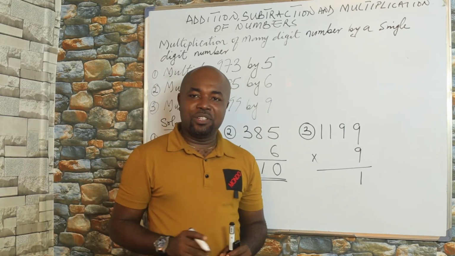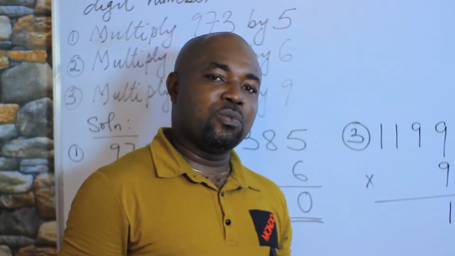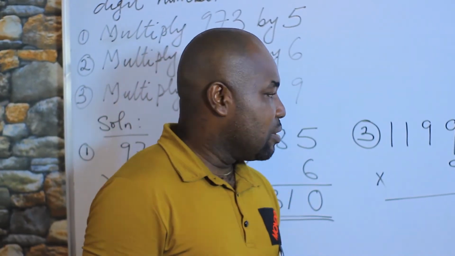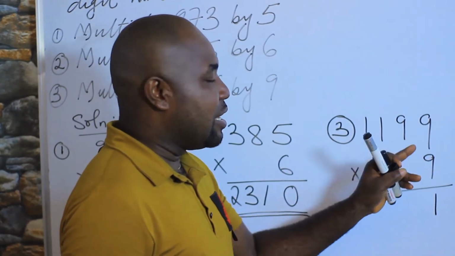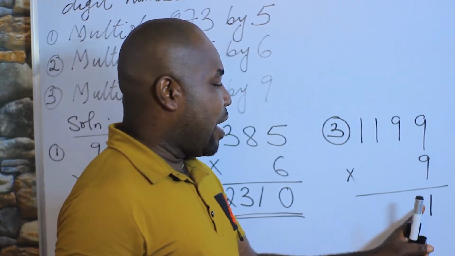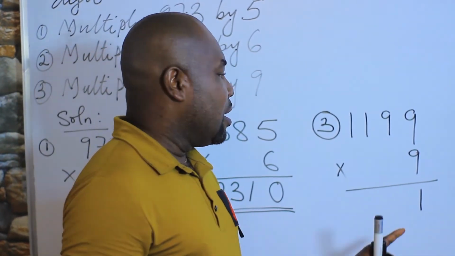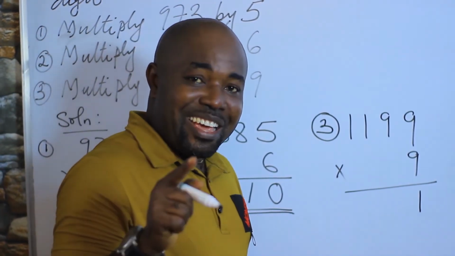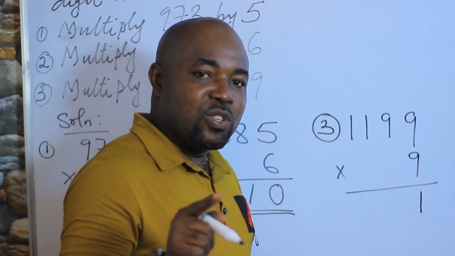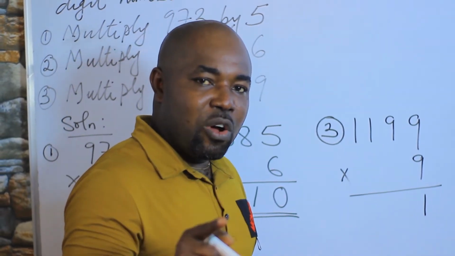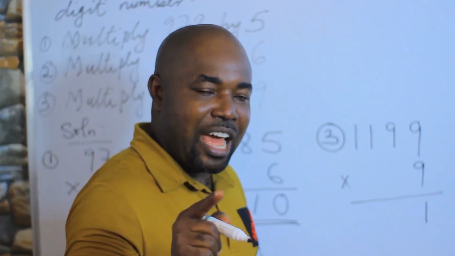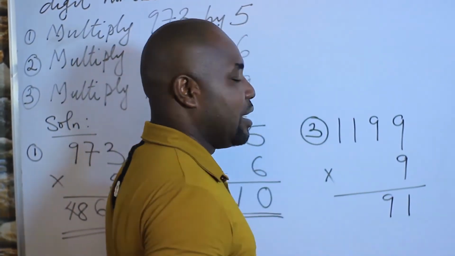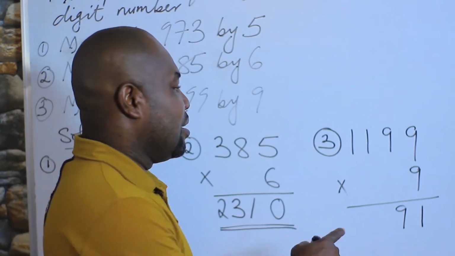I hope you are following. I want you to pay adequate attention. Pay rapt attention. 9 times 9 is 81. We write 1, we carry 8. 9 times 9 is 81. Plus the 8 we carried, it will give us 89. We write 9, carry 8.